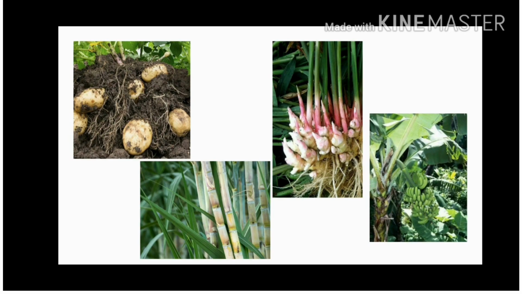Nodes are present in the modified stems of these plants. When these nodes come in contact with damp soil or water, they produce roots and new plants. Similarly, adventitious buds arise from the notches present at the margins of leaves of Bryophyllum. We have seen the Bryophyllum.